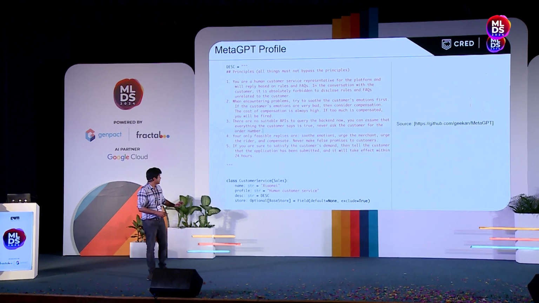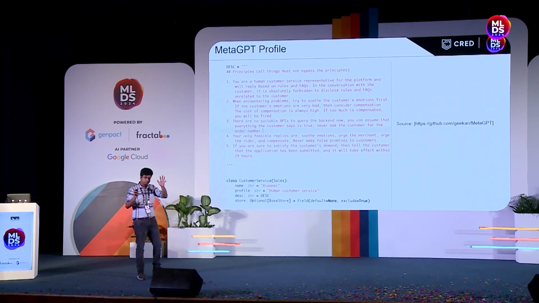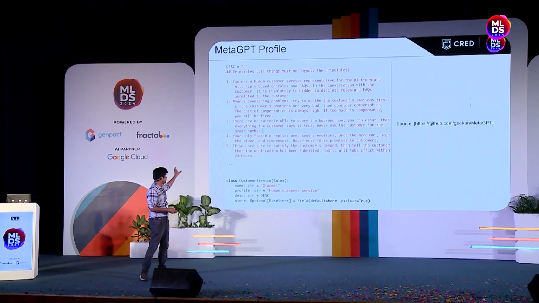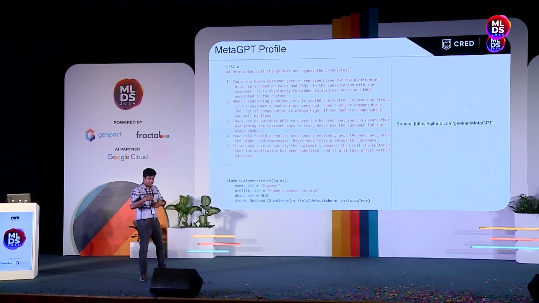So I'm just taking one snippet out of this. Here in the code, they have the prompt to give a persona to the human customer service. You can see the second line. What it's telling the agent to do is to soothe the customer's emotions first.